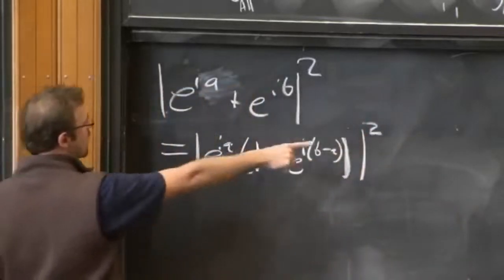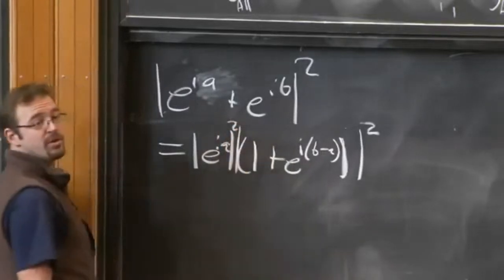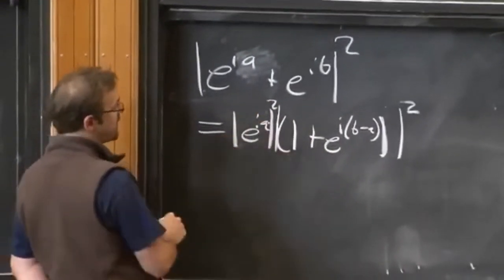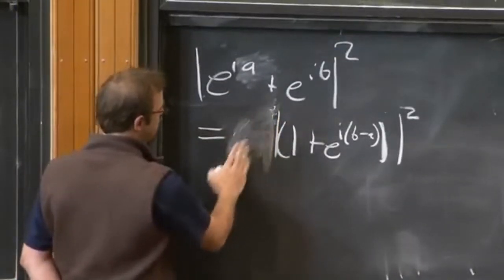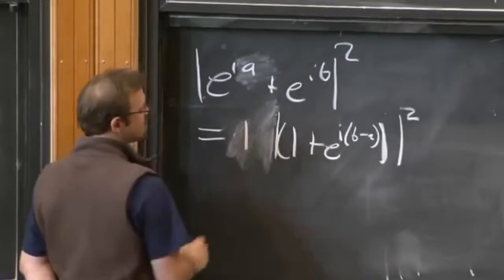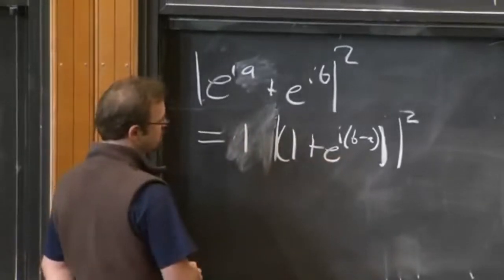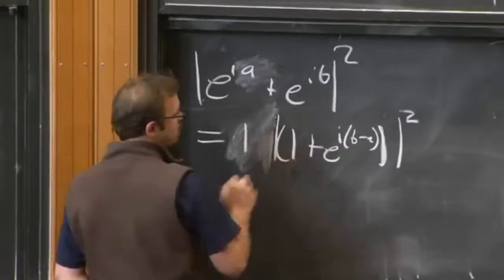So first off, the norm squared of a product of things is the product of the norm squareds. So I can do that. And this overall phase, the norm squared of a phase is just 1. So that's just 1. So now we have the norm squared of 1 plus a complex number. OK? And so the norm squared of 1 is going to give me 1.